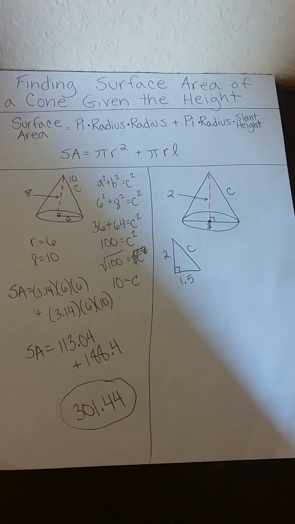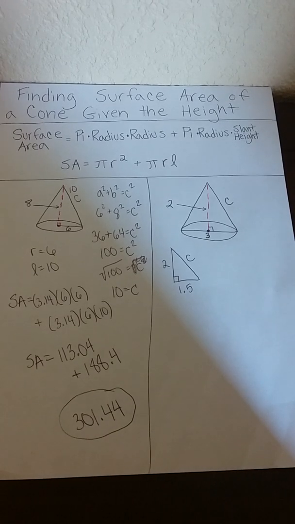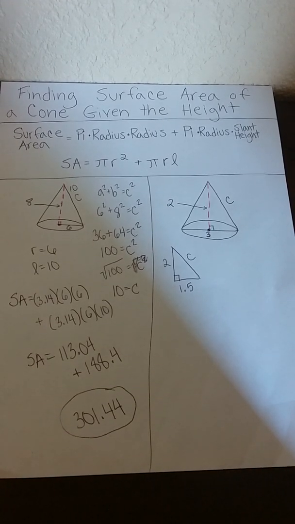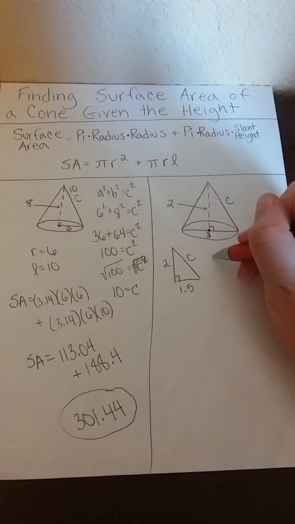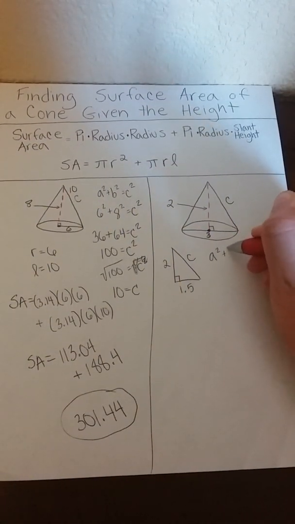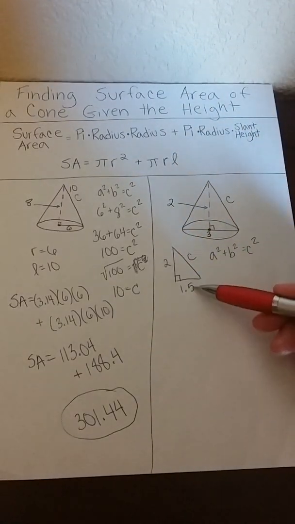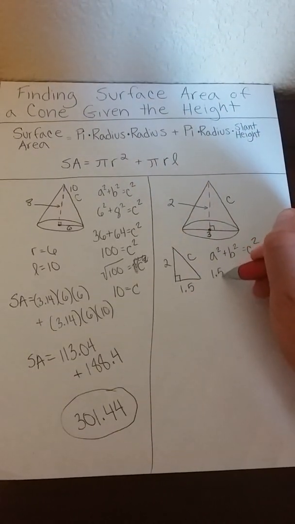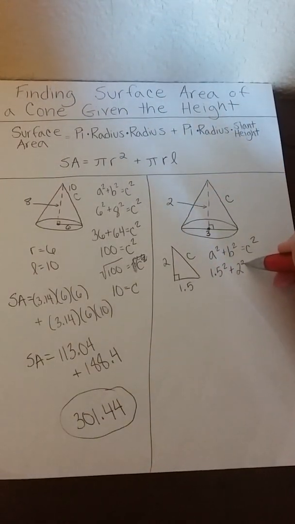So now I can use this triangle, this right triangle with 1.5 and 2 and c, to try to find out what is the slant height. Because it's a right triangle, I can use a squared plus b squared equals c squared. A is going to be the radius, which is 1.5. B is the height, which is 2.